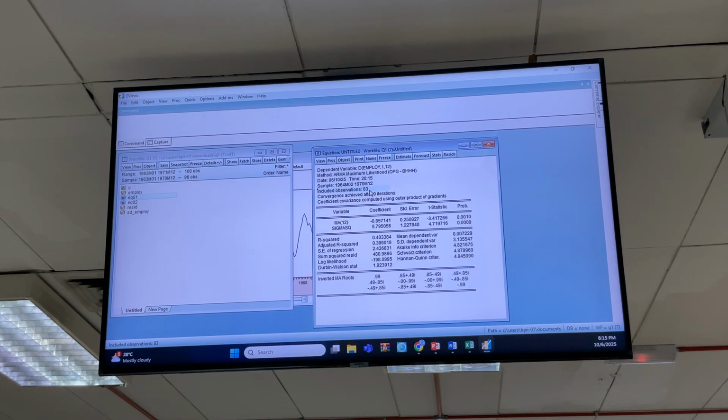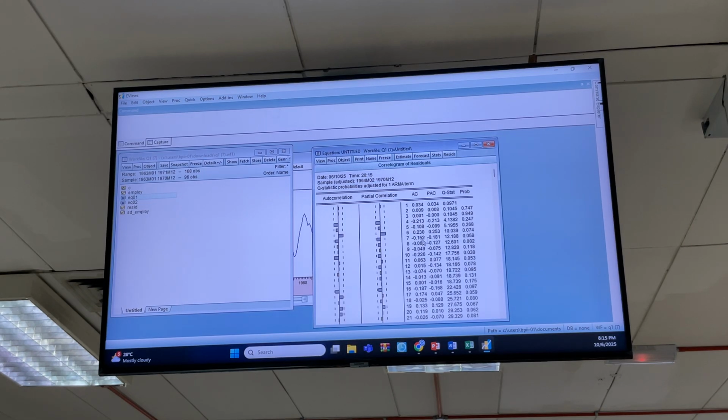The square root of 83 is around 9. So at lag 9 it is okay. So we conclude up to lag 9 that the residual can be said to be white noise and the model is adequate. So this one, model.